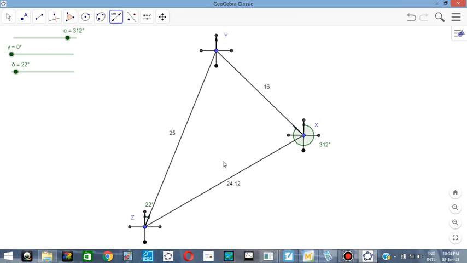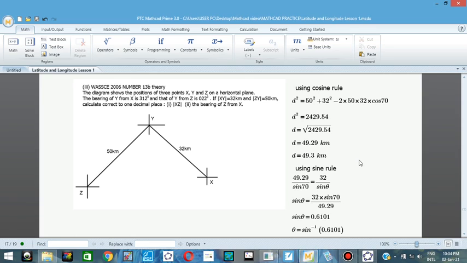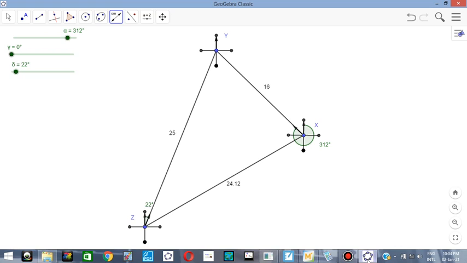Remember, I divided by 2, so I'm going to times by 2 to get that. 24.12 times 2. So you can see just an approximated value. So though we have 49.3, this is giving us 48.3. It's just the setting. I think if I do some setting here, I will get that value.